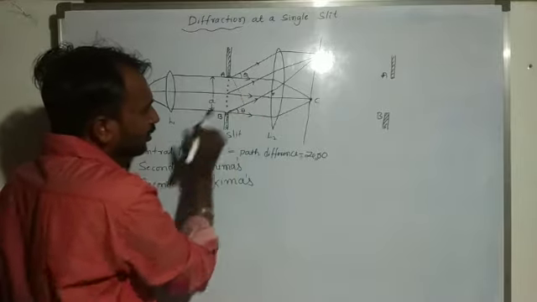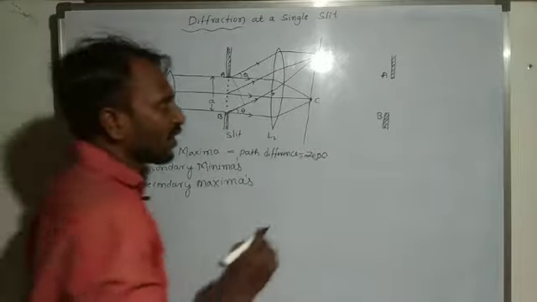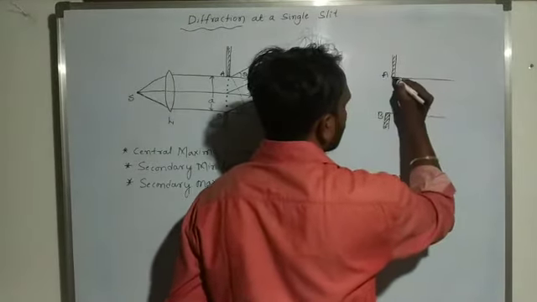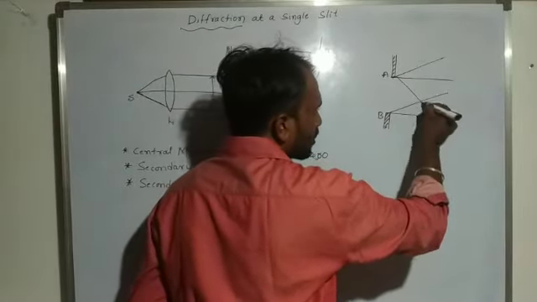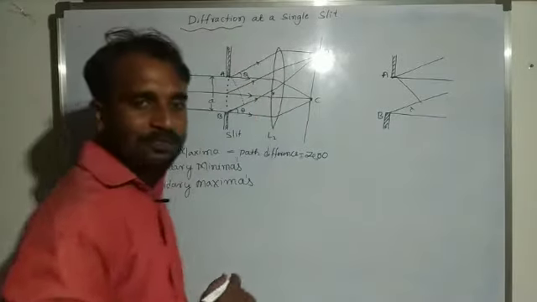For example, this path difference value we consider as lambda.